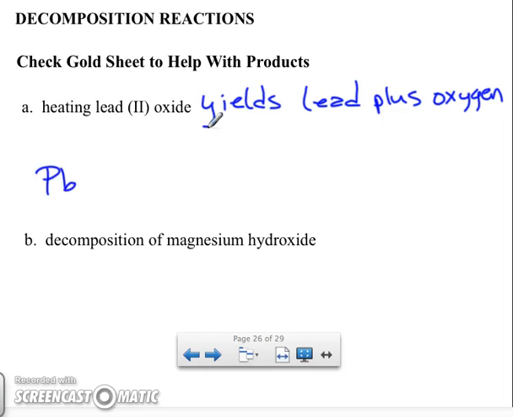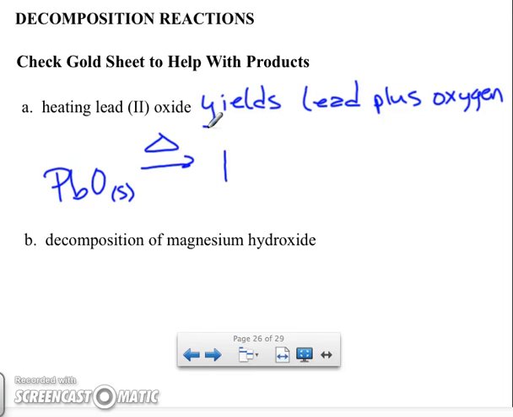Lead-2 oxide, we've got to balance the charges. 2 plus and 2 minus, it's a match made in heaven. It's going to be a solid, as most ionic compounds are. We need to add our energy because it's a decomposition reaction.